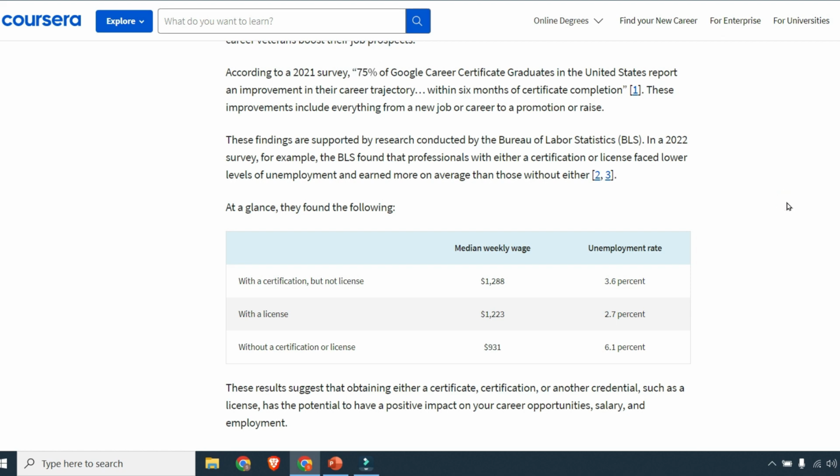So obviously we're talking about the Google Analytics certification, and it just shows you here this table, the average median salaries with a certificate and without a certificate. So obviously they're showing it's higher with a certificate. So have a look at that. Again, all of these links will be in the PDF.